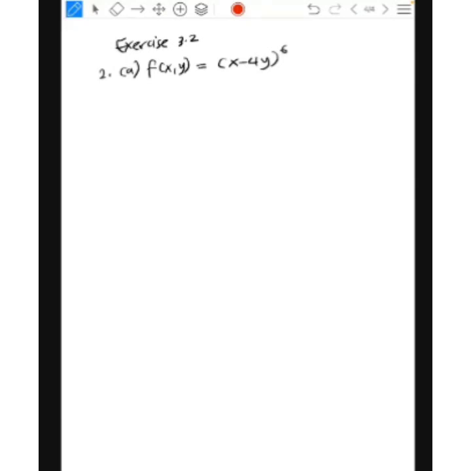Okay, now we have x and y. So it asks you to find fx and then another one to find fy. Okay, so ada dua variable kan, so kena cari satu-satu lah. Okay, so again, when you want to differentiate with respect to x, then your y is constant. Okay.